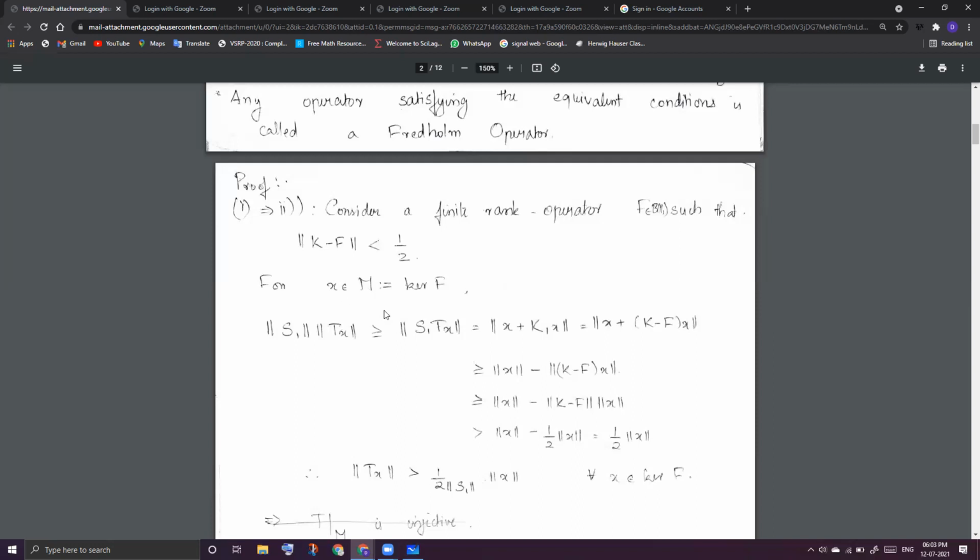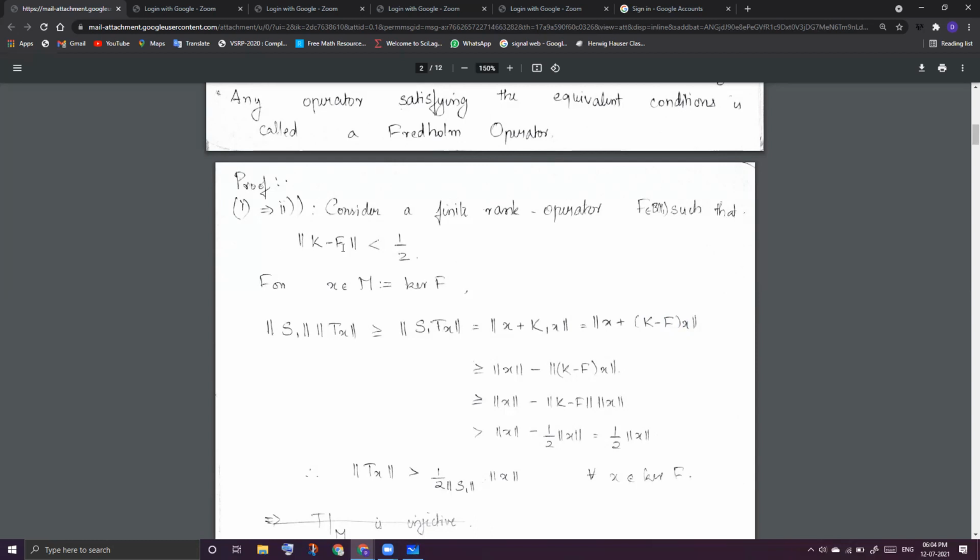Let M be the kernel of F, and we get this inequality. S1 T x equals x plus K1 x, and Fx is equal to 0 because x is in the kernel of F. So this is true.